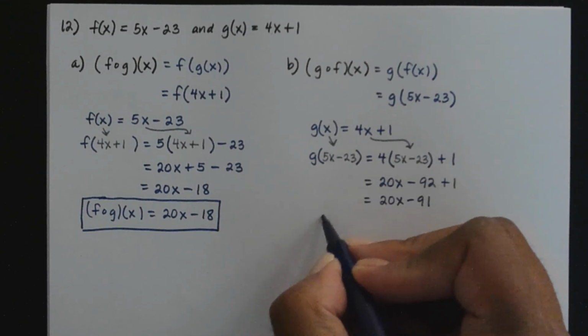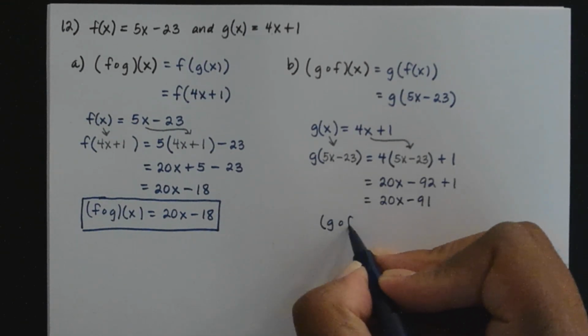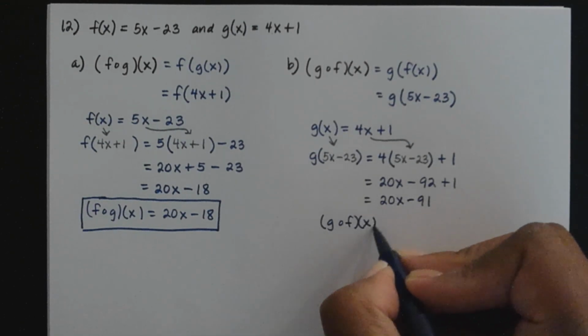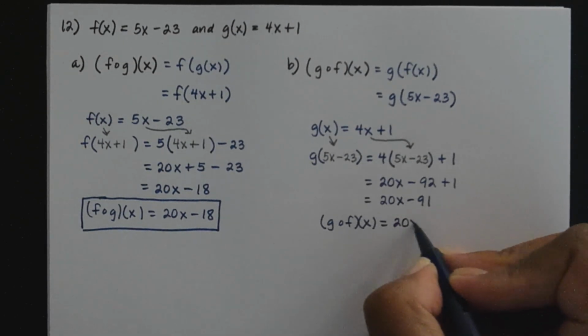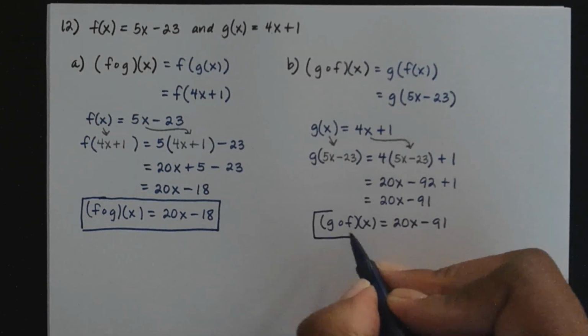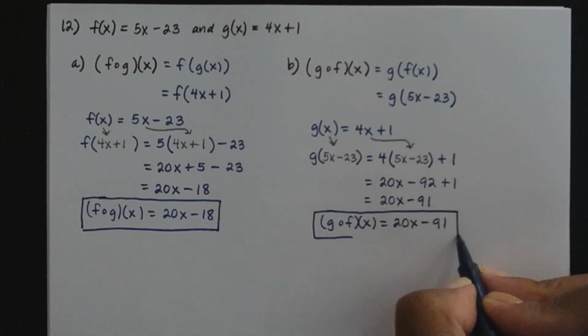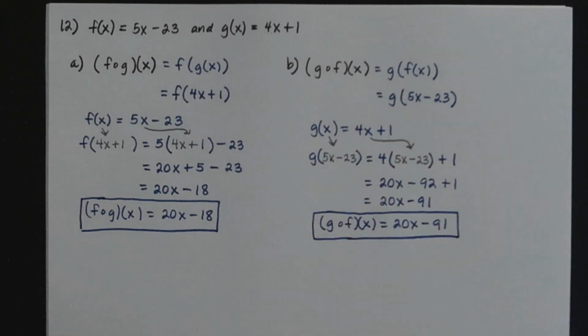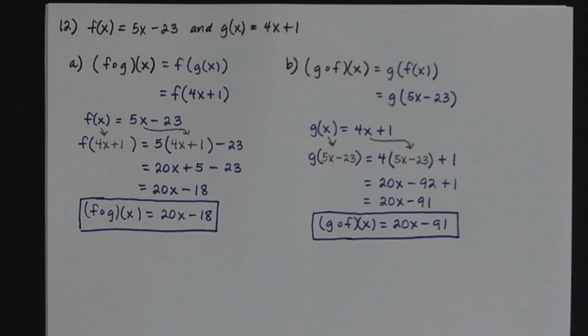So the composition of g with f of x is 20x minus 91. Are there any questions about problem number 12?